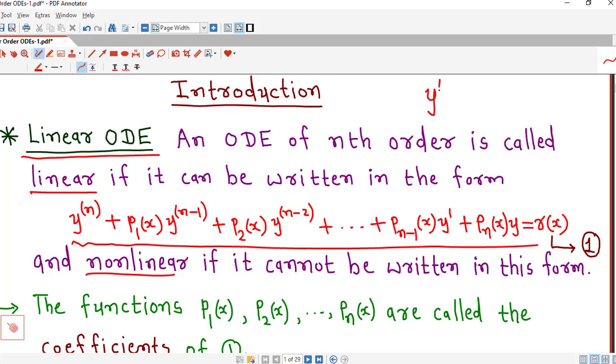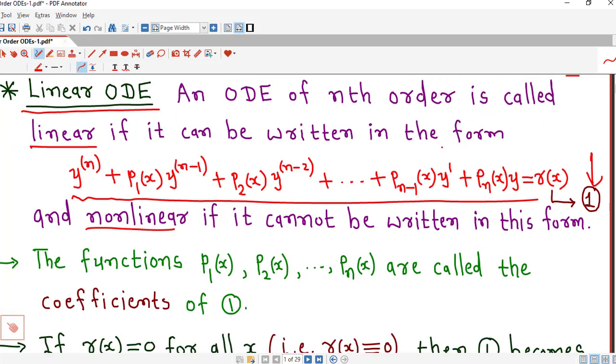For example, y double dash plus sin x into y dash plus 3y square equal to 0. We can see this equation is not in this form because here we have y square. So this is a non-linear differential equation.